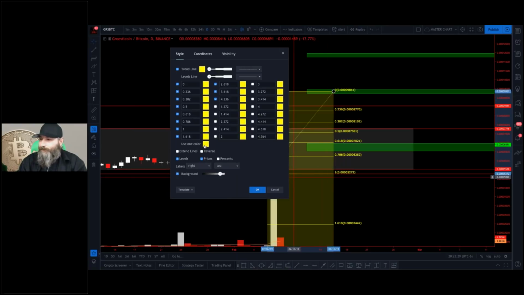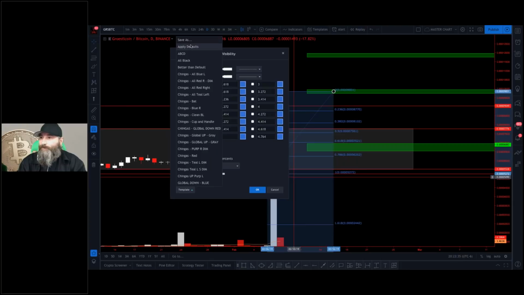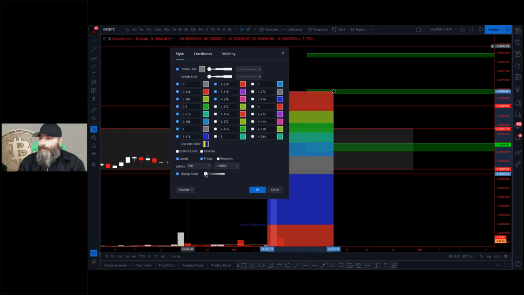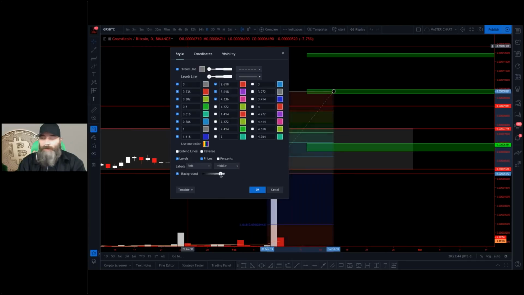Now everything's yellow. It looks crazy, so let's just tone that down with some blue. That's fine. If you want to go back to default, no problem. You can go apply default, and you're back to default. If you want the background or you don't want the background, these are all totally personal preferences, and this is 100% you, your chart, and how you want it to look, all right?